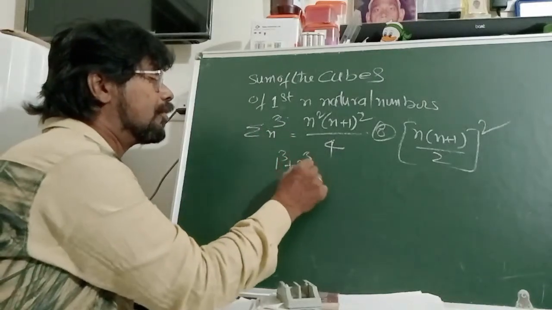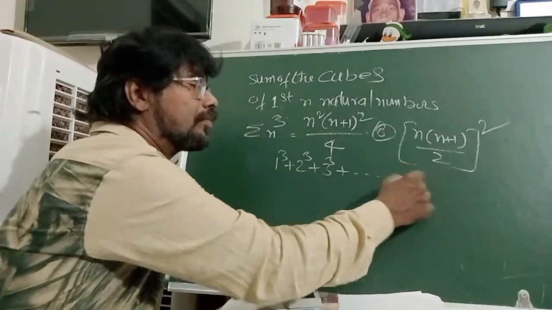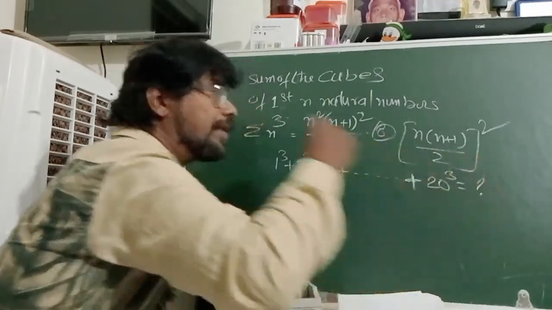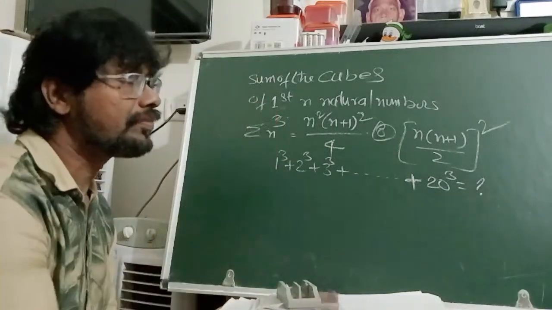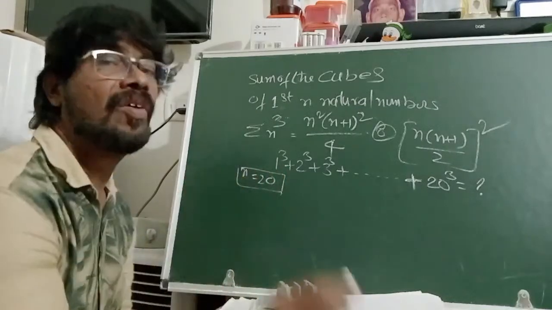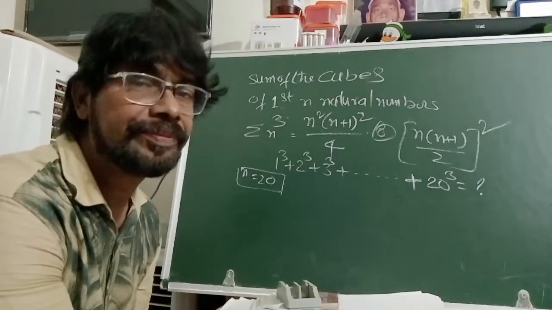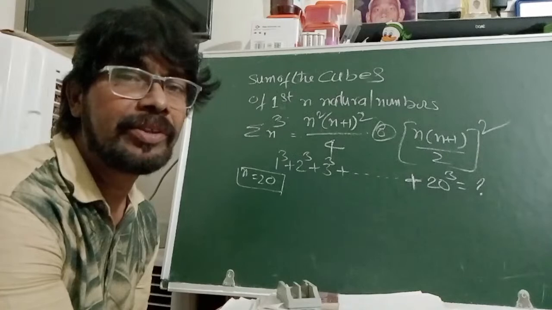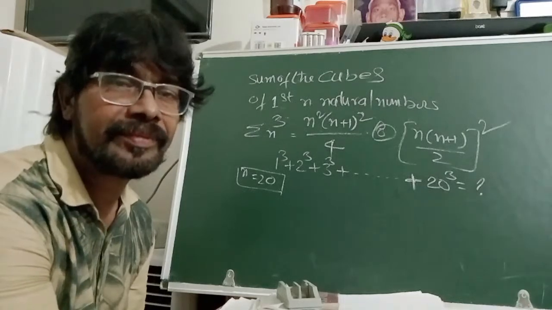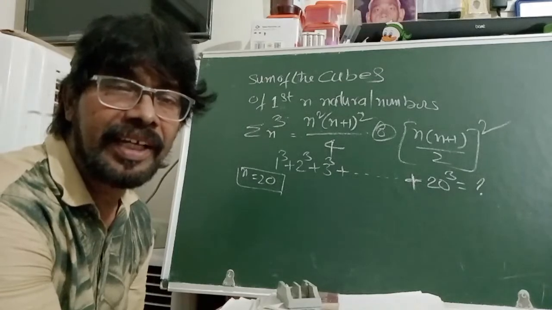1 cube, 2 cube, 3 cube, up to 20 cube. How much? That is equal to, here n is equal to 20. The formula is n square into n plus 1 whole square by 4, or n into n plus 1 by 2 whole square. That is the formula for finding the sum of the cubes of the first n natural numbers.